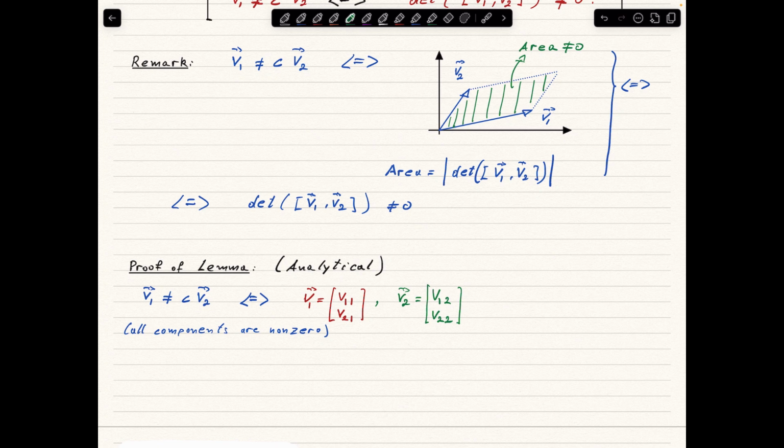So with this notation, the condition that we just said is equivalent to 2 equations, one for the first component, one for the second component.